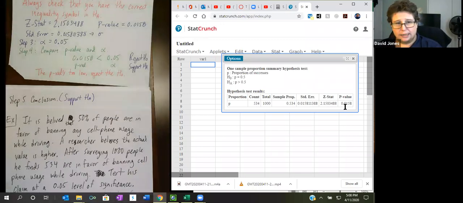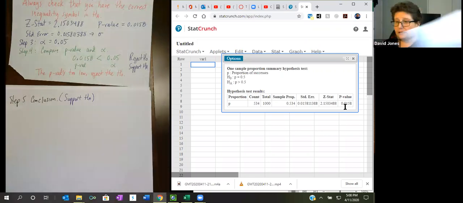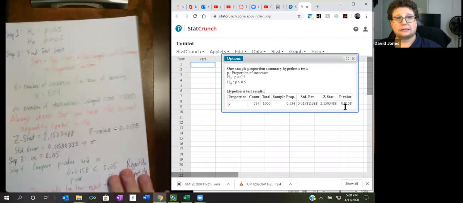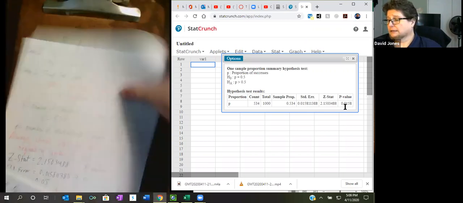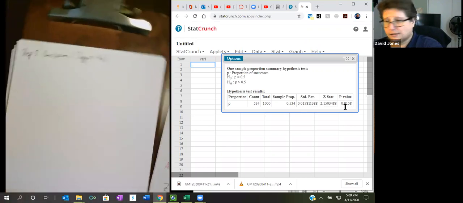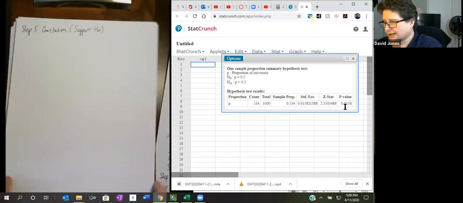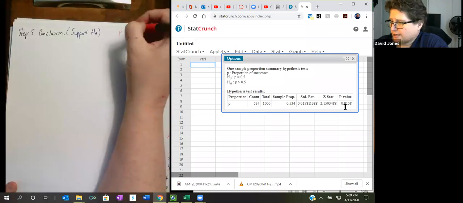HA was what the researcher believed. The proportion was higher than 50%. We had it up here also. P is greater than 0.5. So we're going to support HA. Get my camera set up the way I want it again. And remember that was P is greater than 0.5.